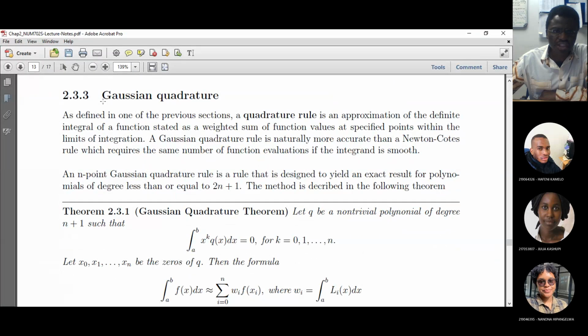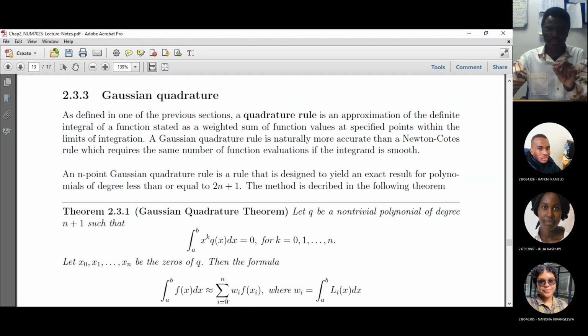with the Gaussian quadrature formula or quadrature rule. If you recall what we said, a quadrature rule is a formula, a rule that approximates a definite integral as a finite sum of the function evaluated at a certain point, the node point, times a certain weight.